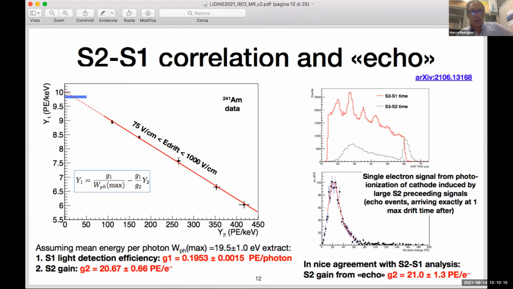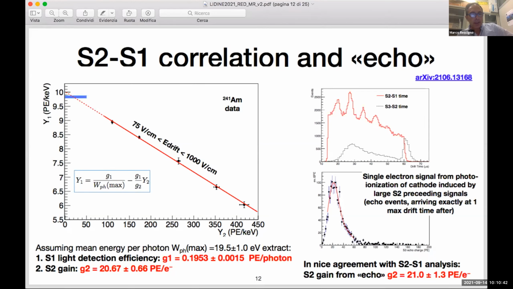We have also measured the light detection efficiency and the S2 gain by using the well-known correlation between the S2 and S1 signals. You see here the chamber operated at different voltages, with, of course, the expected linear dependence of the S1 and S2 yield.